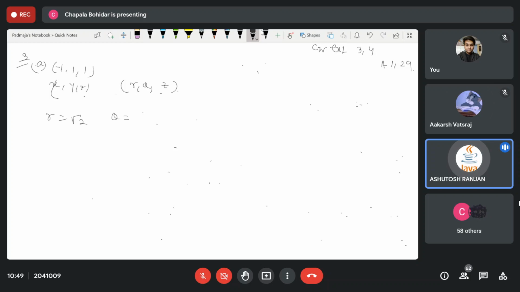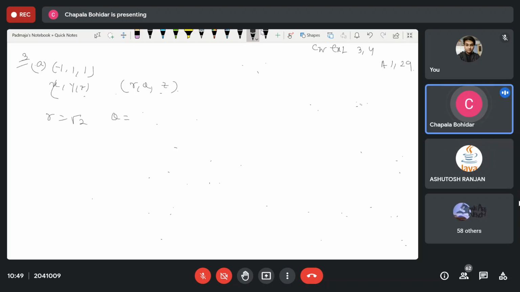We can take theta in the second quadrant also, no? Second quadrant. Theta is equal to minus pi by 4. Okay, then z is equal to 1. So we can write it as root 2, minus pi by 4, 1.